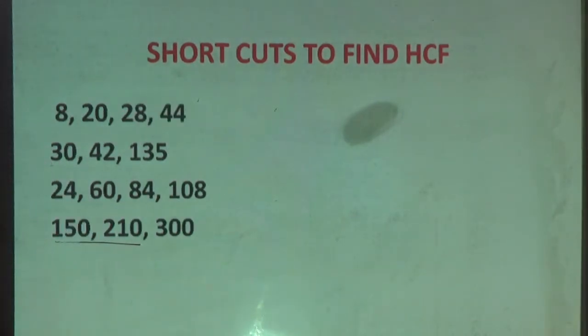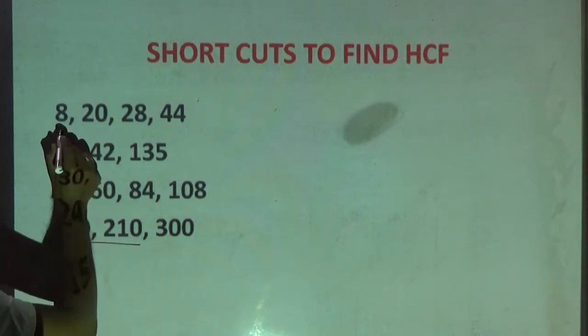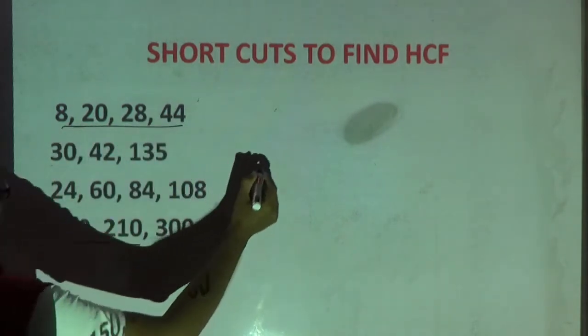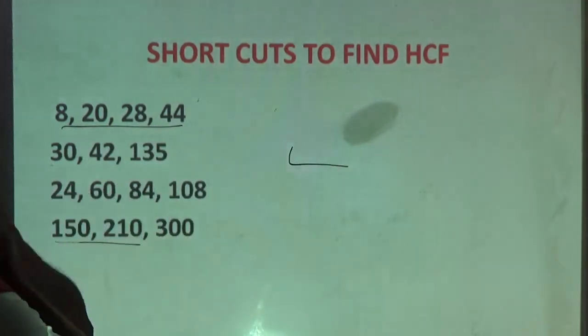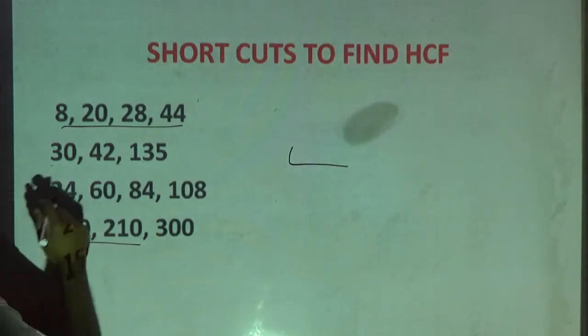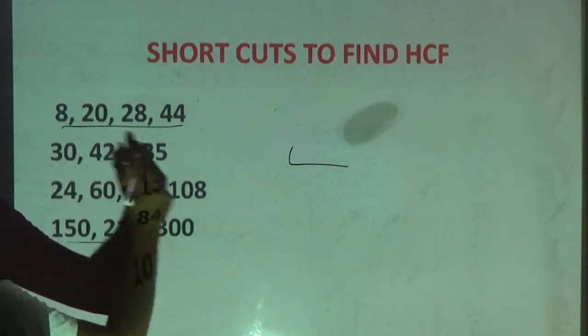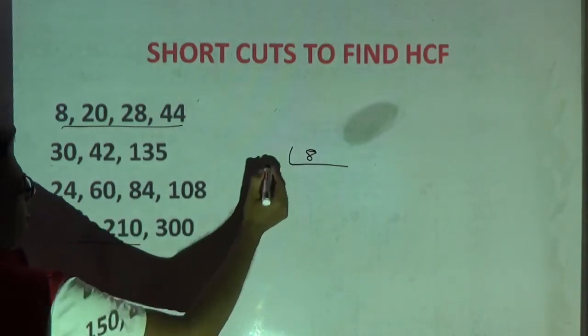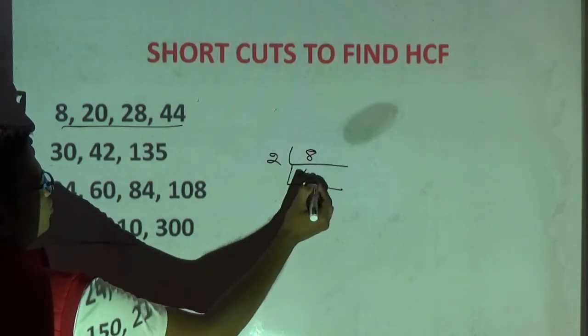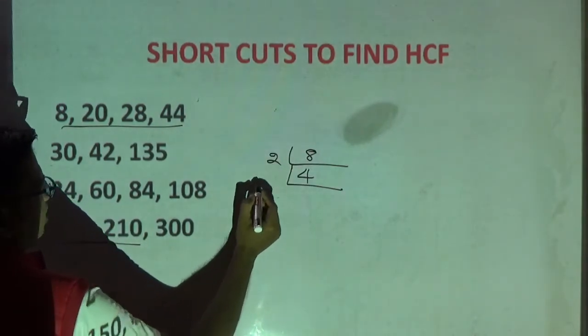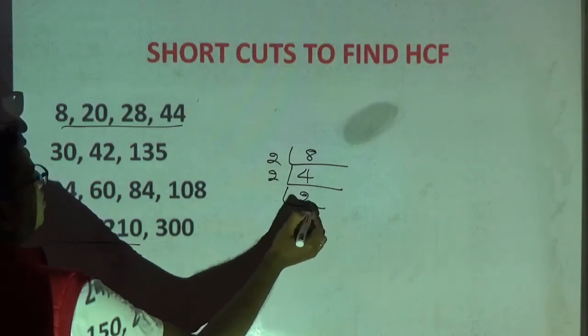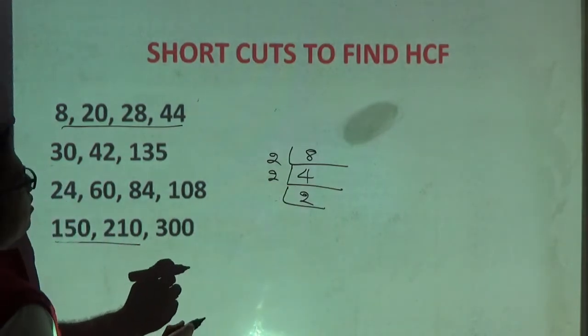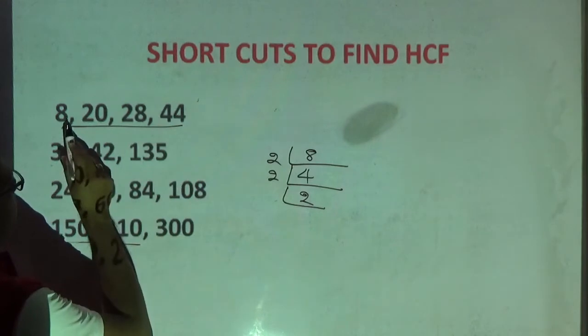Now, I need to find out HCF of 4 numbers. Please observe. Now I will apply the second method here. For your 8, let me find out the factors. 2 4s, then 2 2s. Now please observe whether you can divide the entire number from 4.